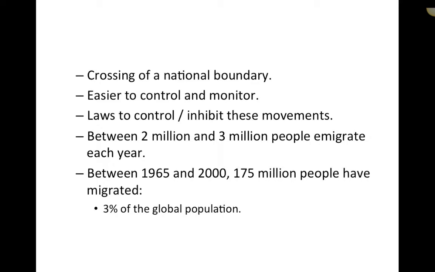So any country has, obviously, and all countries have this. I know it's been a big thing lately in the U.S. with immigration, but all countries have immigration rules and laws. Between 2 million and 3 million people, roughly, immigrate each year in the U.S. Between the mid-60s and 2000, we had 175 million people that have migrated.